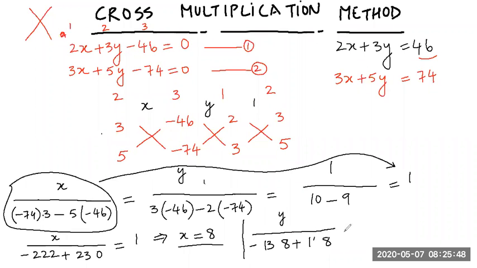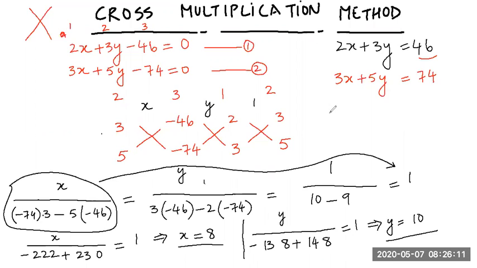This is 148 is equal to 1. You see that this is equal to this and this is equal to this. So obviously this is also equal to this. So from here I will get y is equal to, now guys, 148 minus 138 is 10. So 10 into 1 is again 10.